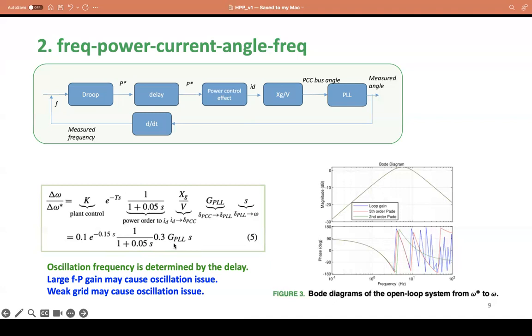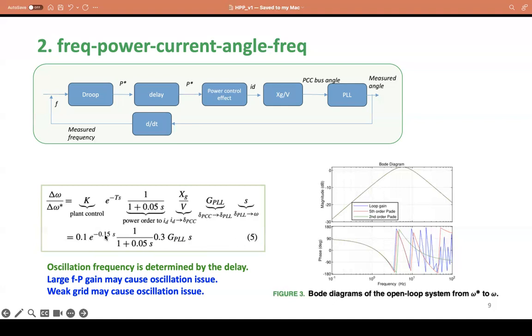PLL is sort of like a low pass filter, but we have S. S introduces a 90 degree phase lead. Therefore, we can expect the phase shifting frequency to move a little bit further away in the frequency region.